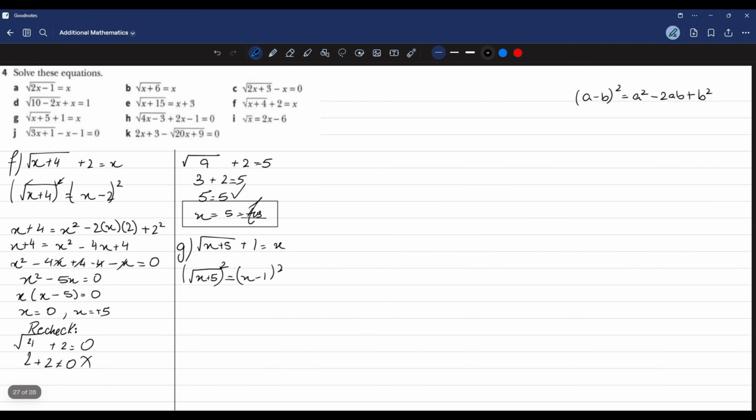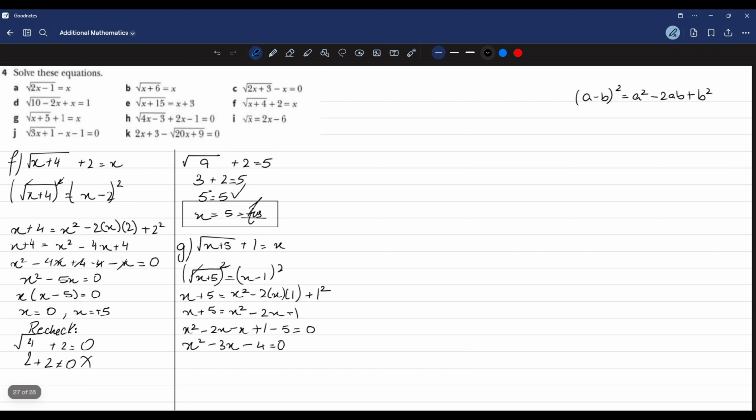This cancels down, and we have x plus 5 is equal to a squared, which is x squared, minus 2 multiplied by x multiplied by 1, plus b squared, which is 1 squared. x plus 5 is equal to x squared minus 2x plus 1. Simplify this: x squared minus 2x minus x plus 1 minus 5 is equal to 0. This makes a quadratic equation. x squared minus 3x plus 1 minus 5, which is negative 4, is equal to 0.